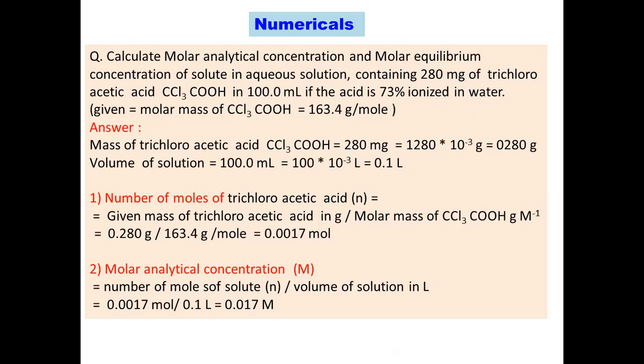Here the given mass is for the trichloroacetic acid, that is 0.280 gram, and the molar mass of trichloroacetic acid is also given, that is 163.4 grams per mole. Whenever these two quantities are divided, 0.280 gram divided by 163.4 gram per mole, the number of moles will be 0.017 mole. So we have calculated the number of moles for trichloroacetic acid.